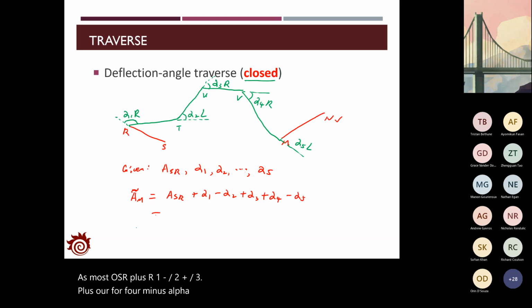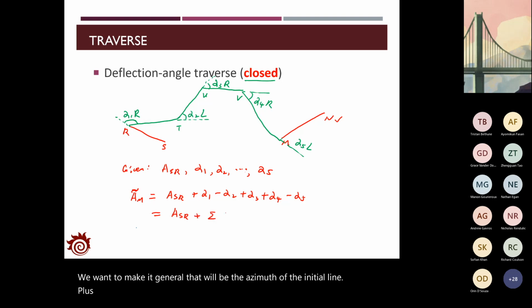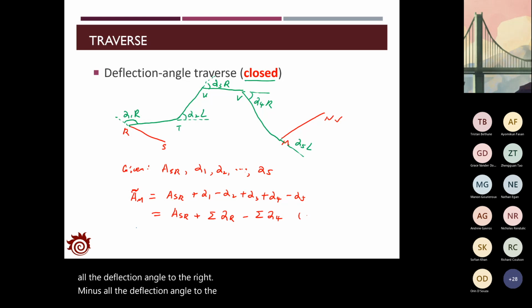If we want to make it general, that will be the azimuth of the initial line plus all the deflection angles to the right minus all the deflection angles to the left. This applies to all situations.